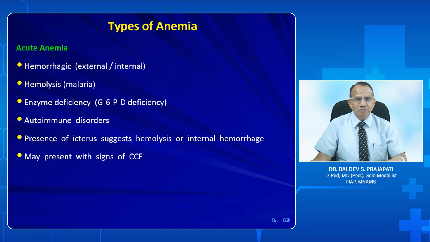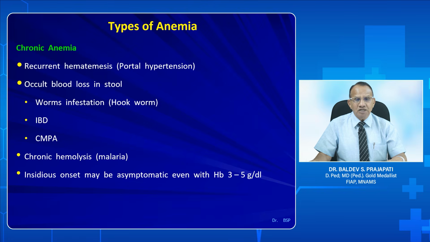for compensation. Chronic anemia may be due to recurrent hematemesis in a case of portal hypertension, occult blood in the stool, maybe due to worms like hookworm infestation, inflammatory bowel disease, cow's milk protein allergy, or even chronic hemolysis, particularly in tropical countries due to malaria.